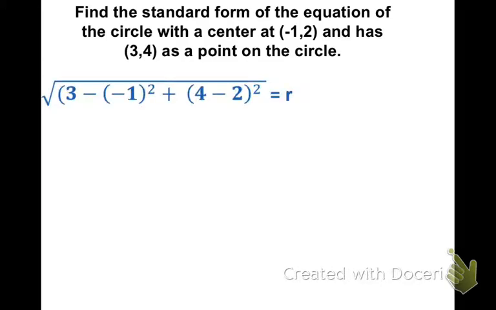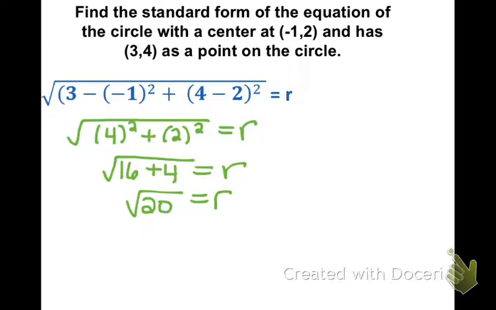Okay, so notice first, we had our x minus h quantity squared plus y minus k quantity squared, and we had the radical above it, and we had our r. So this is what it looks like before we square both sides, correct?